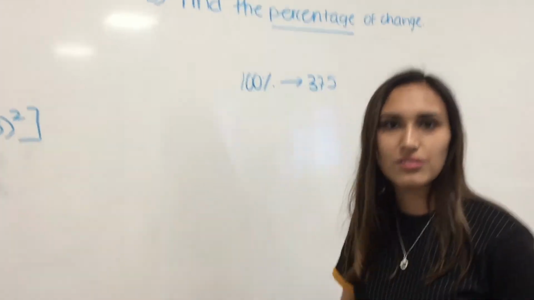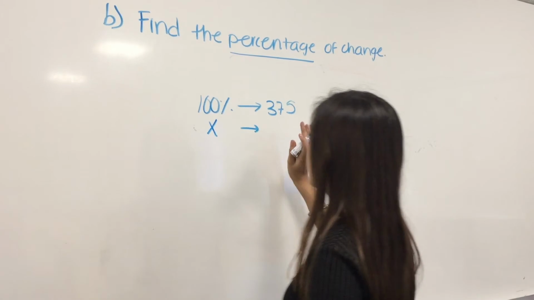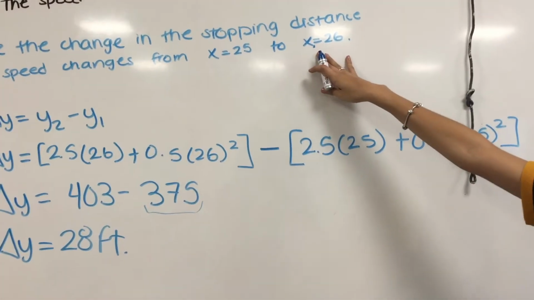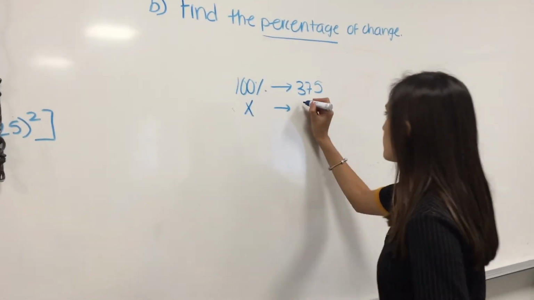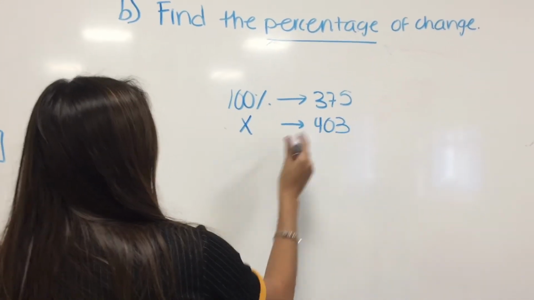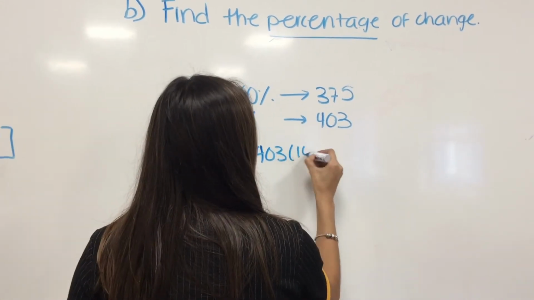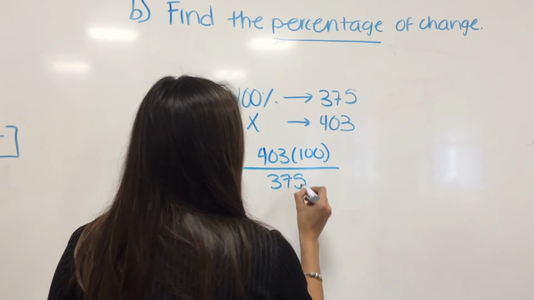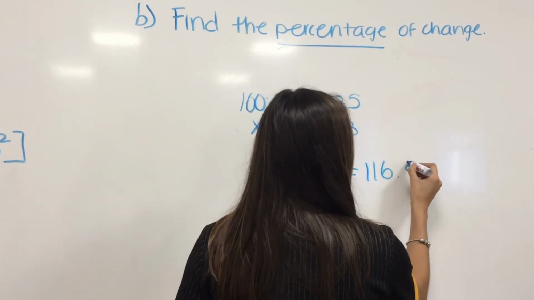So then, to find your x, you will plug in here your second value where you plugged in your second x, which is 26, and the answer is 403 in distance. Then, using ratios, you will multiply 403 times 100 and divide everything by 375. This will give you 116.812.